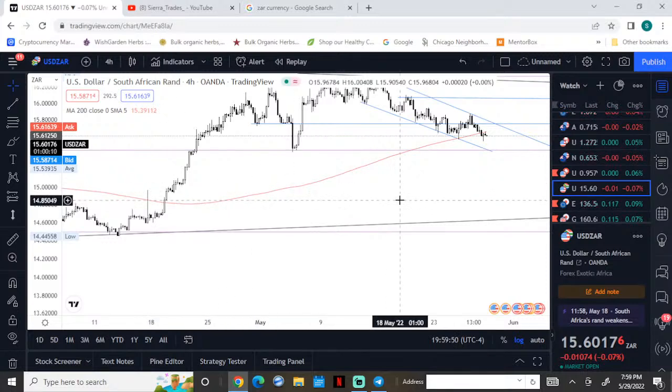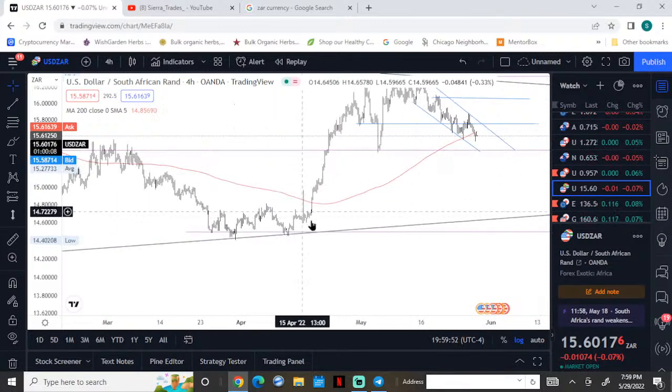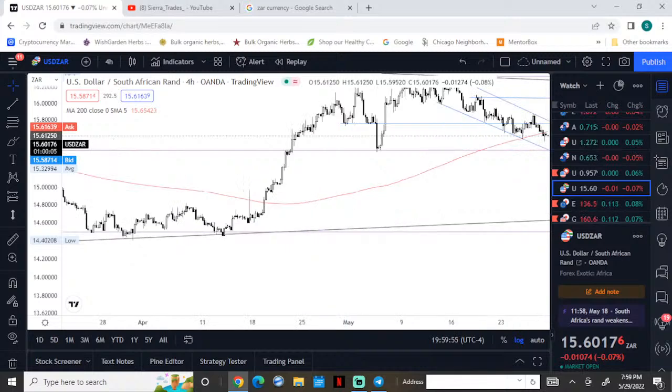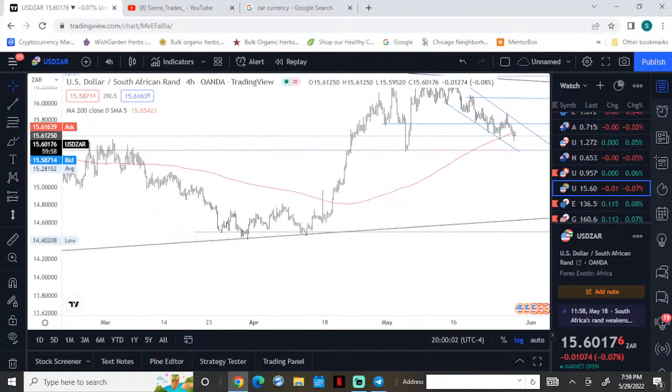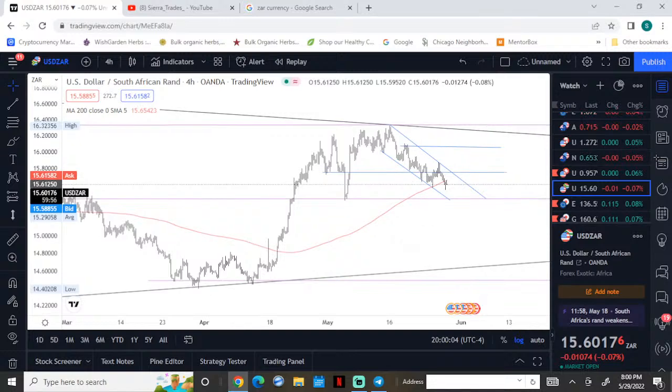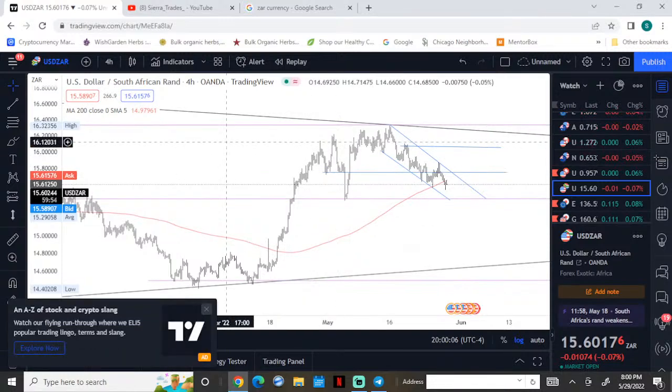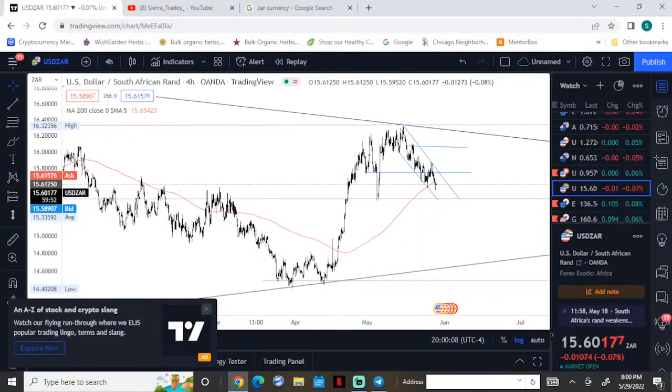And then we just have all of this open area, this nice area of imbalance, because price has not traded back into this area, which we could possibly see coming up. I don't have another zone that I want to mark. You know what?